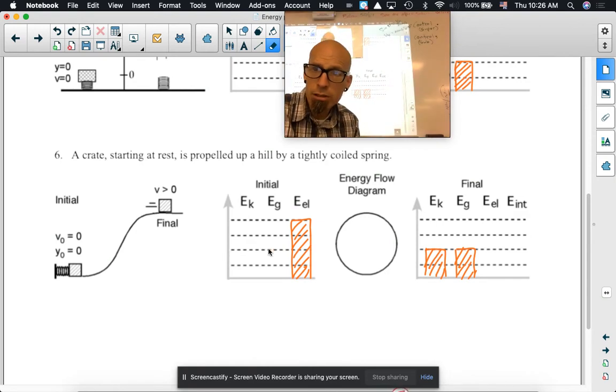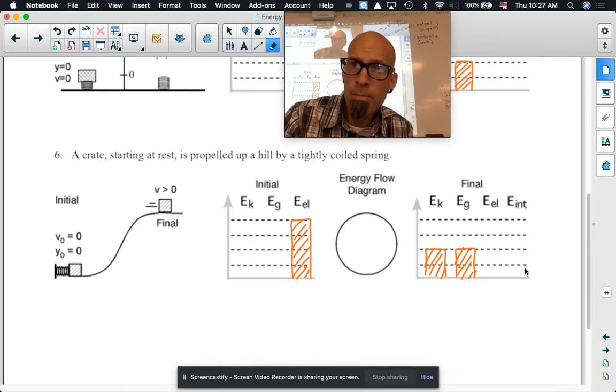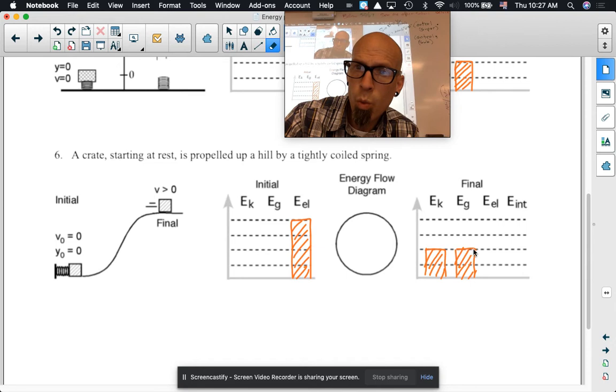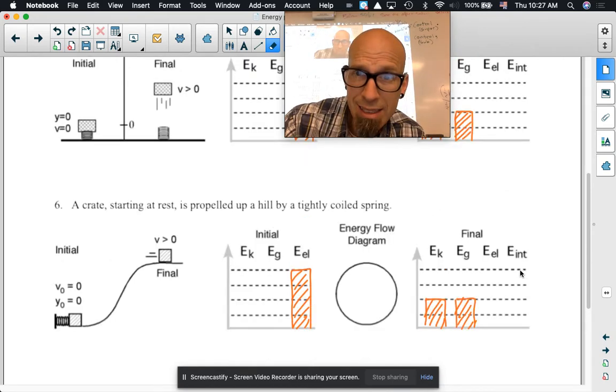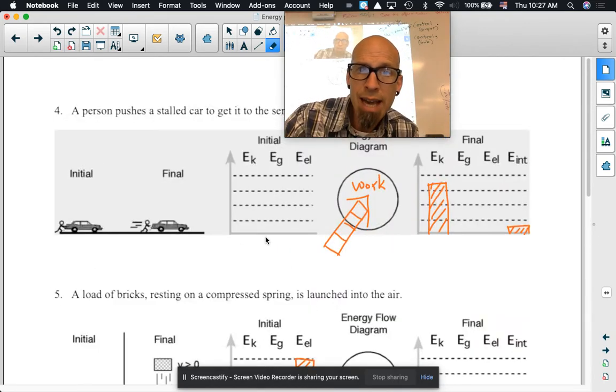Now, if you think that there's some E internal here, then you have to take some away from these and put that into E internal. So maybe take a half a block from here, take a half a block from here, and make a whole block worth of internal energy. The key is this: everything I have on the left plus what's going in has to equal everything I have on the right plus what left.